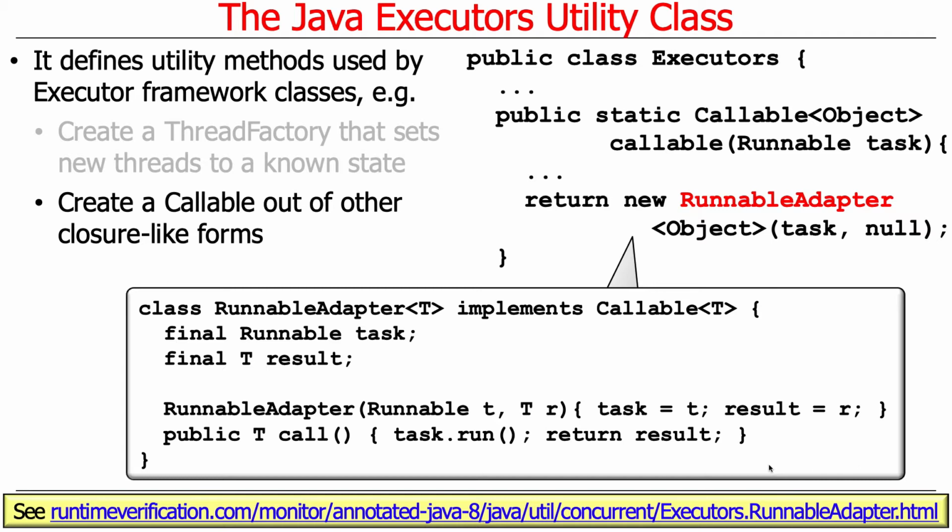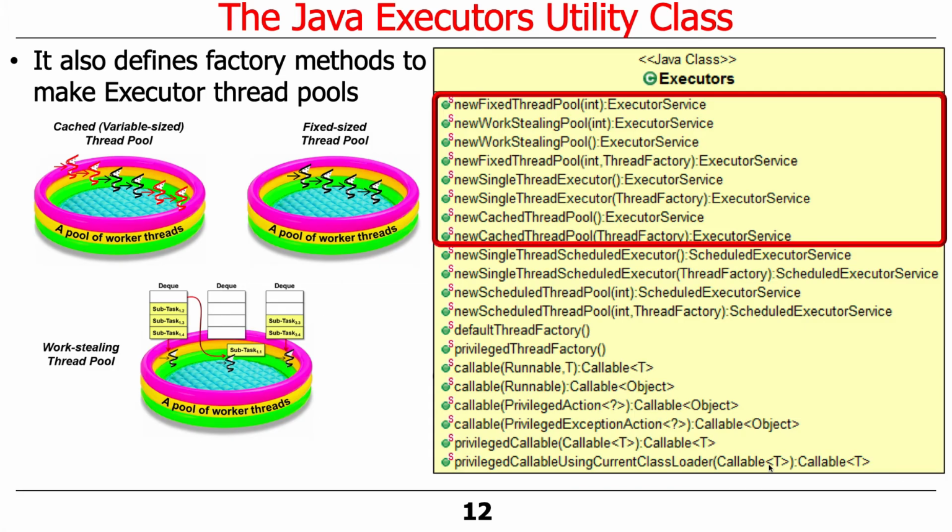If you take a look here, you can see that a runnable adapter implements callable, and basically what it does is it stashes that runnable away in this task, and it stashes the result in a field, and then when the call method is called, because it's callable, it runs the run method and returns the result. So you can adapt runnables to callables, and that's used in a couple of places internally by the pool.